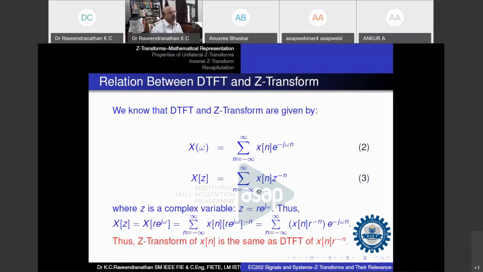Now, let us look at the relation between the discrete time Fourier transform and the Z transform. We know that DTFT and Z transform are given by the following equations. The DTFT of a sequence x of n is represented as X of omega equal to summation n running from negative infinity to plus infinity x of n e raised to minus j omega n.